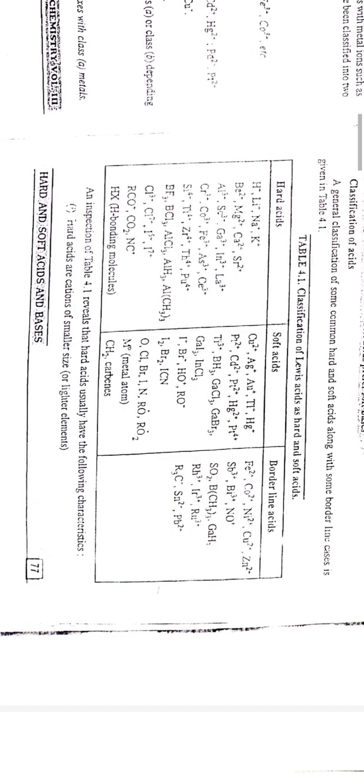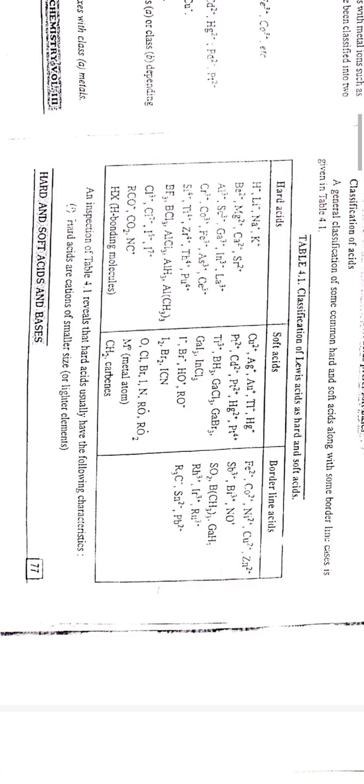The hard acids are H+, Li+, Na+, K+, Be2+, Mg2+, Ca2+, Sr2+, Al3+, Sc3+, Ga3+, In3+, La3+, Cr3+, Co3+, Fe3+, As3+, Ce3+, Si4+, Ti4+, Zr4+, Th4+, Pu4+, BF3, BCl3, AlCl3, AlH3, Al(CH3)3, Cl3+, Cl7+, I5+, I7+, RCO+, CO2, NC+, HX, and hydrogen bonding molecules.